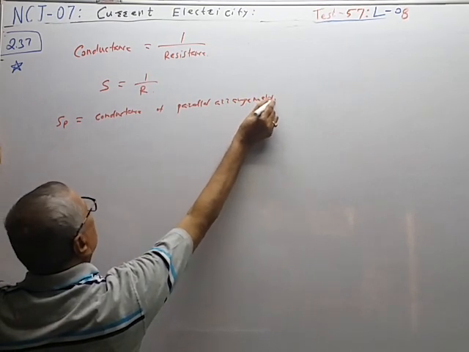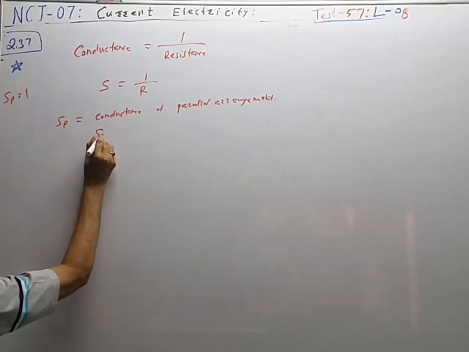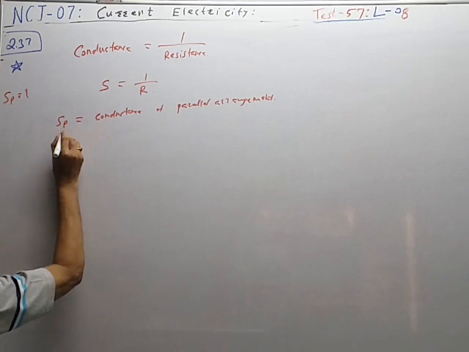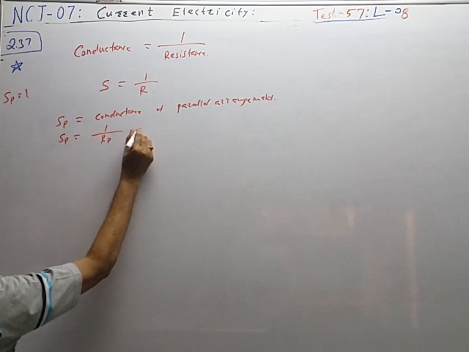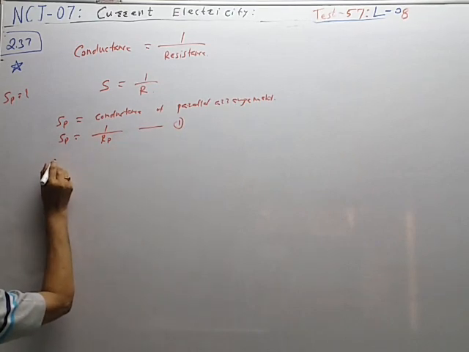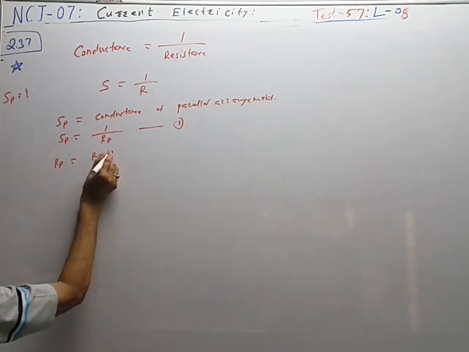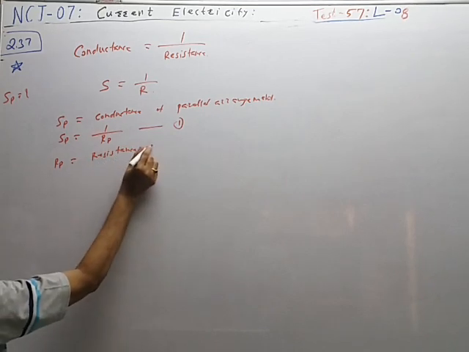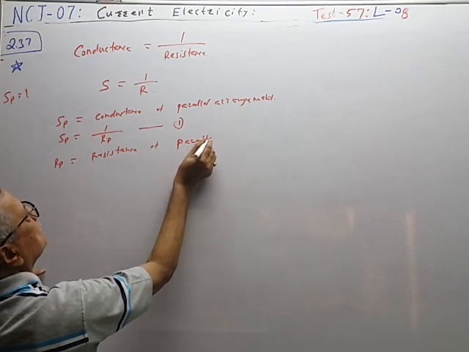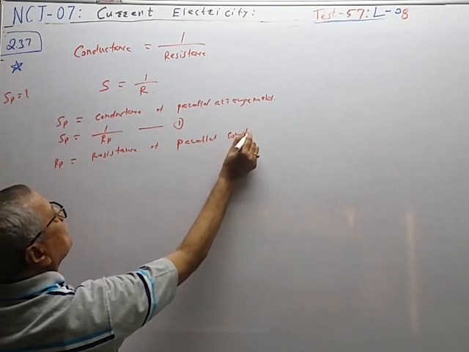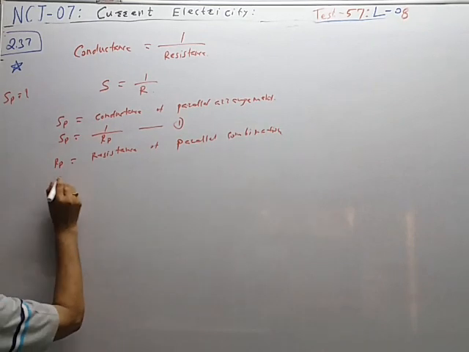Therefore, SP is equal to 1 upon RP. RP is equal to resistance of parallel combination.